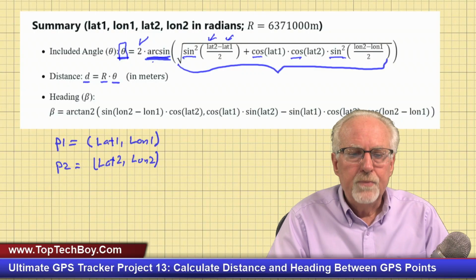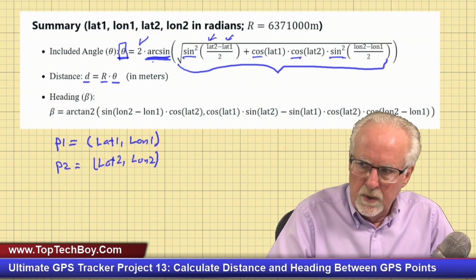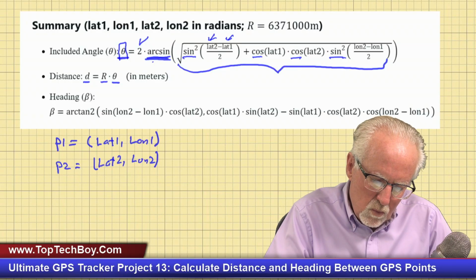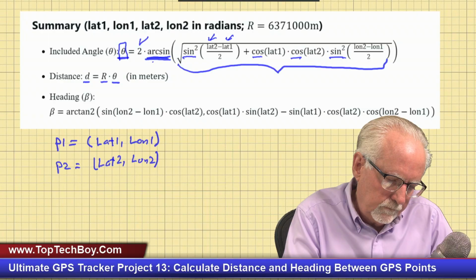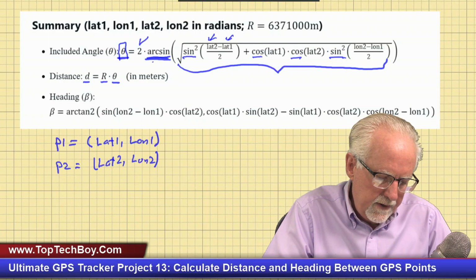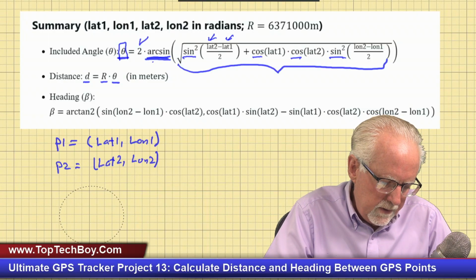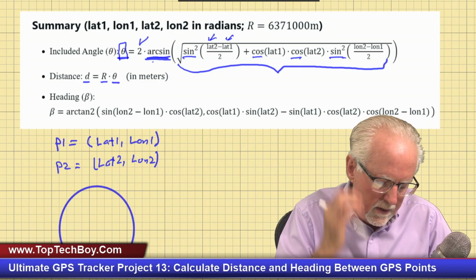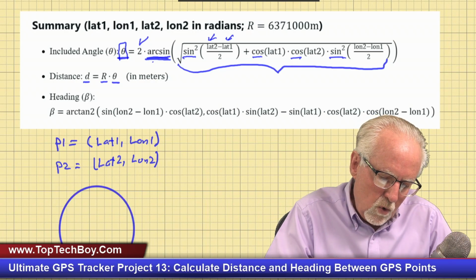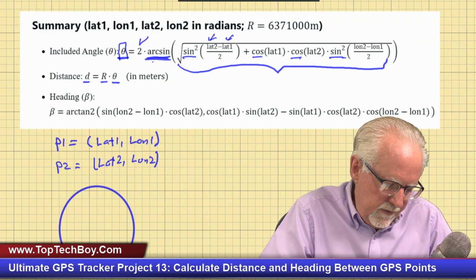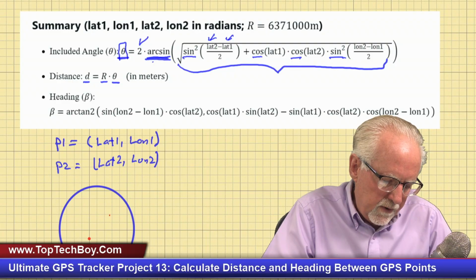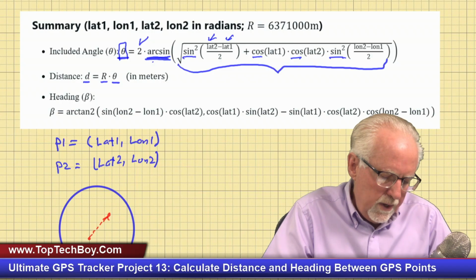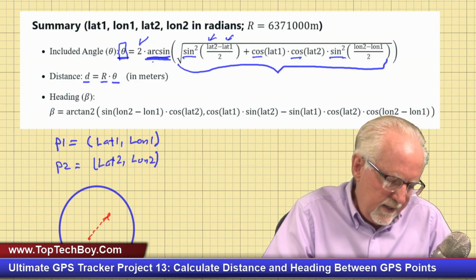Okay. Now, what I also want you to see though is, let's see if I can draw one more circle for you. The other thing that is very, very useful would be, let's say that I am going from this point on the Earth to this point on the Earth, and what I want to know is, what heading do I need to head?